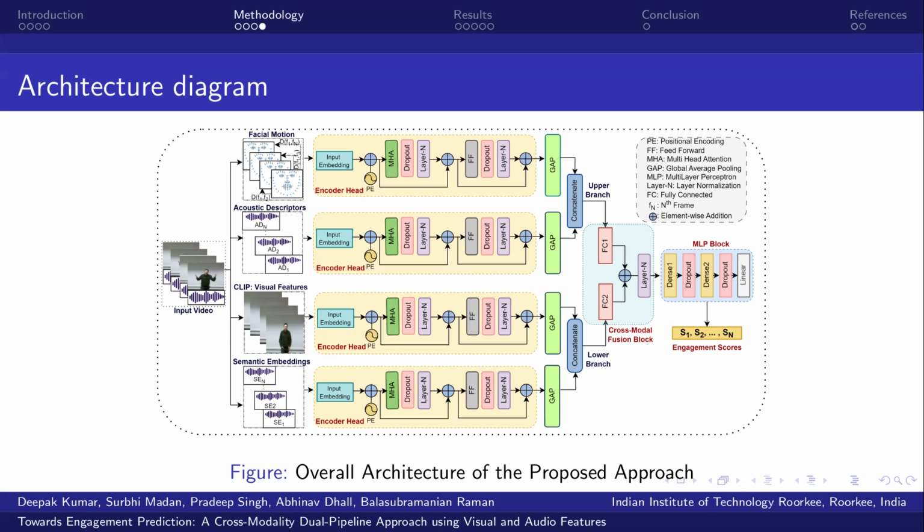After that, we have the cross-modal fusion block. In our approach, we chose this fusion strategy because it effectively models complex interactions between different modalities, and we have used SELU activation in place of ReLU due to its self-normalizing properties, which help keep activations well scaled, facilitating faster convergence and improved training stability.